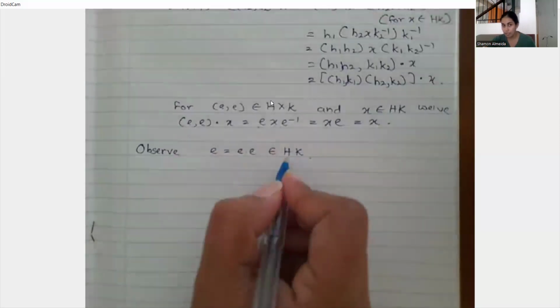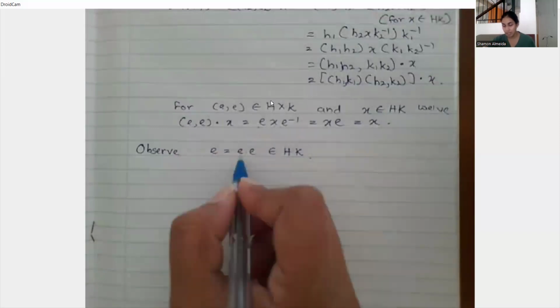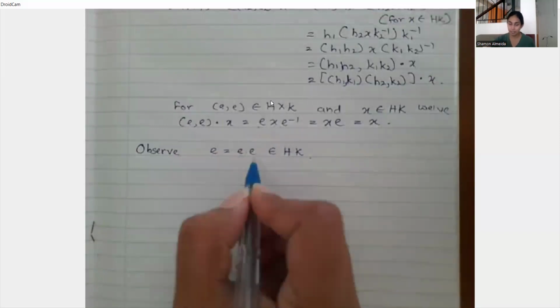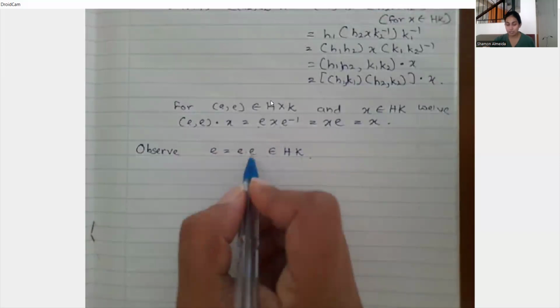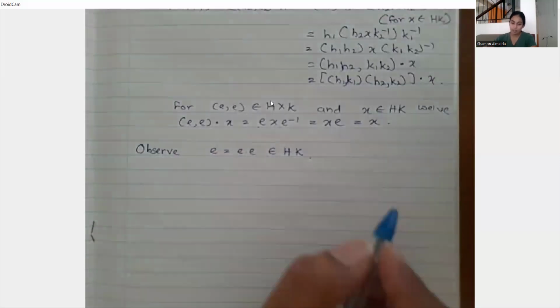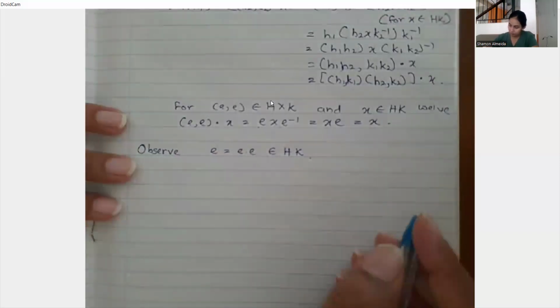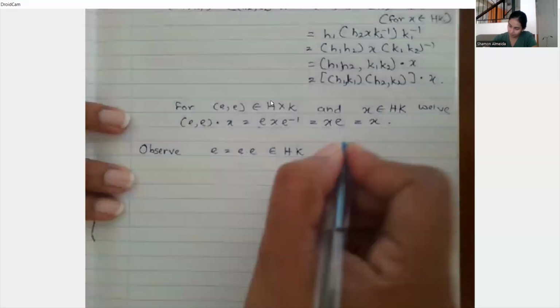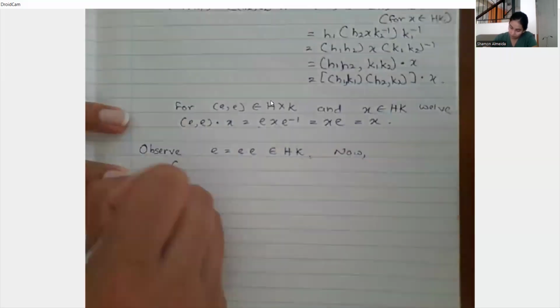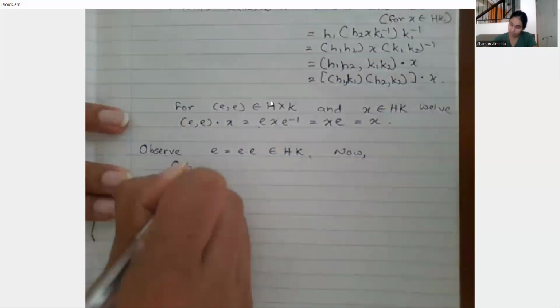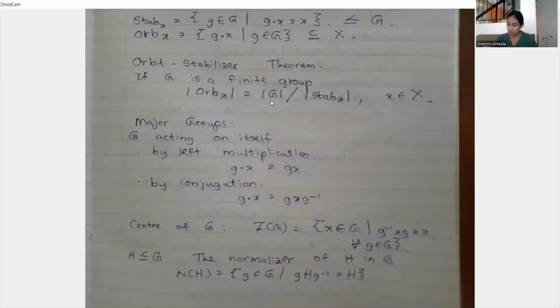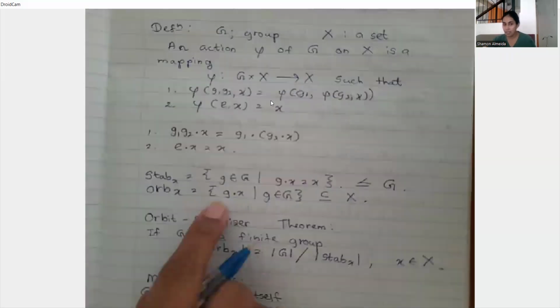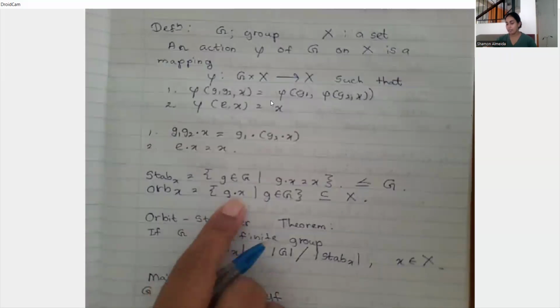H is a subgroup of G, therefore the identity is an element in that. K is a subgroup of G, identity is an element in that. Identity, when you take the binary operation with itself, gives you the identity, right? Now, the orbit of the identity is given by, if you go back to the definition once again, you take any element from the group, take the group action by this element.